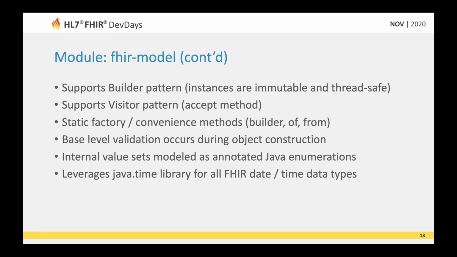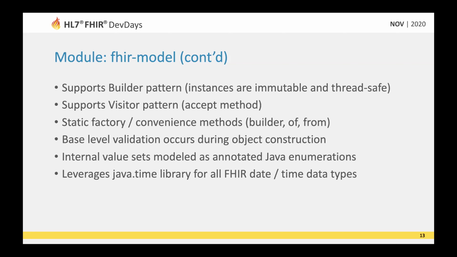Another thing to note about our classes is we actually do base level validation during object construction. So we validate things like cardinality constraints and value domain constraints and built-in value set bindings, required value set bindings, and some other things. We do that during object construction.